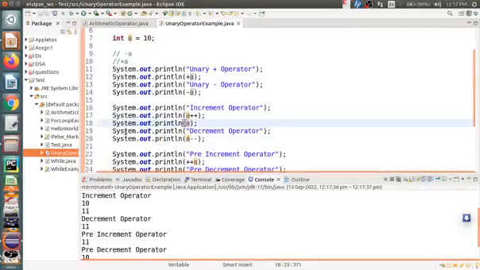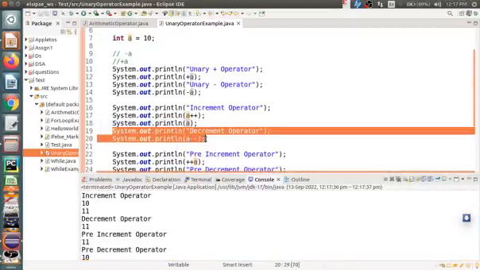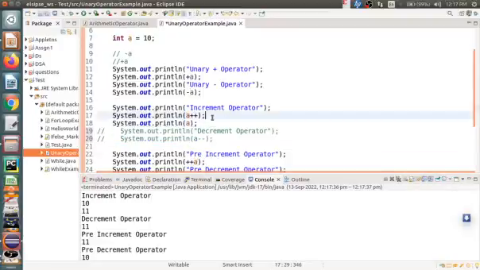Let us see this example. With a plus plus, you can write after incrementing or before incrementing. First this will print 10, then after incrementing a will become 11, so it will print 11.